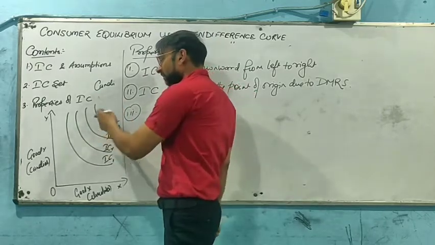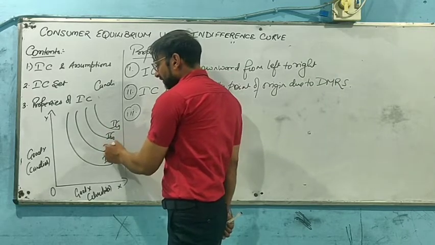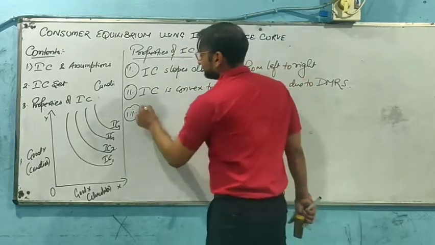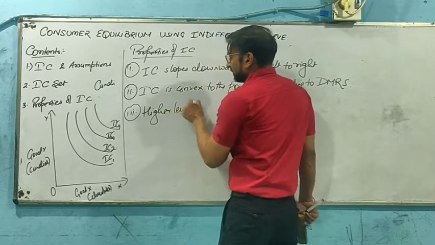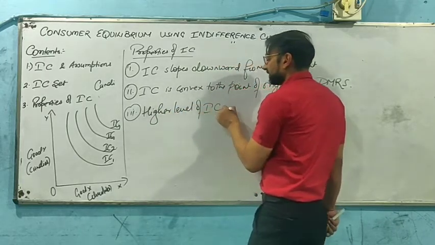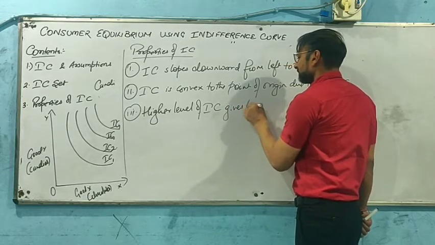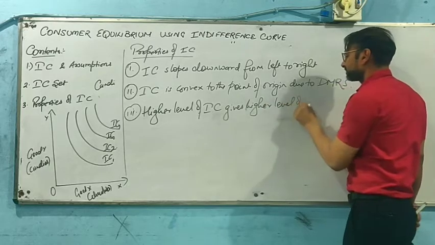IC3 is giving a higher level of satisfaction than IC2. IC2 is giving a higher level of satisfaction than IC1. It means we can say a higher level of IC gives a higher level of satisfaction.